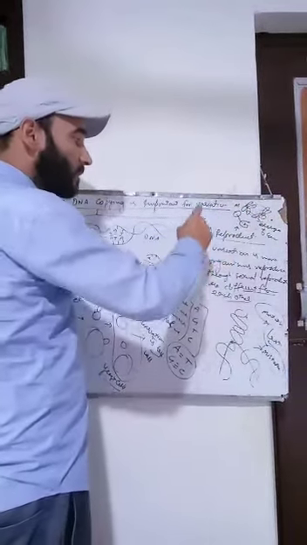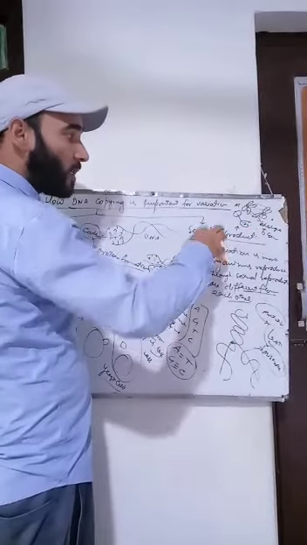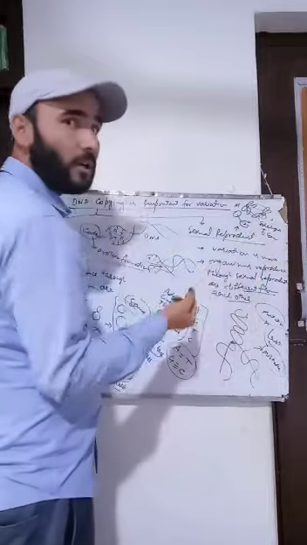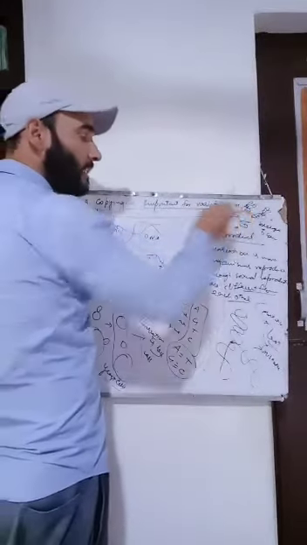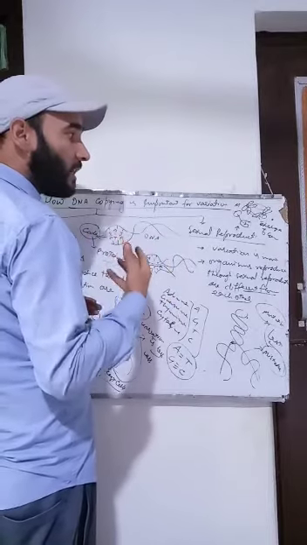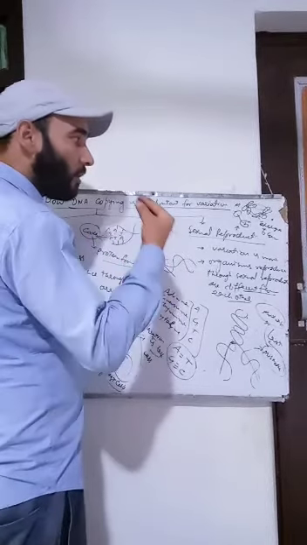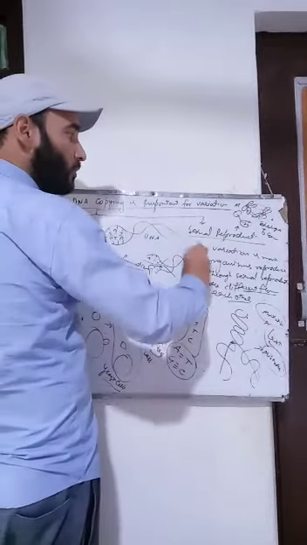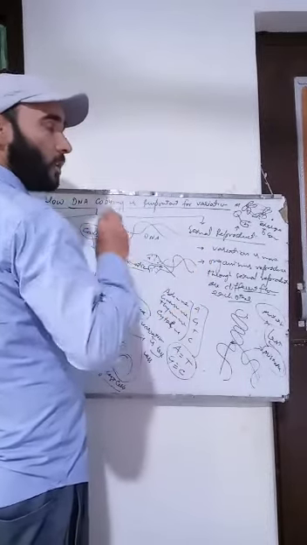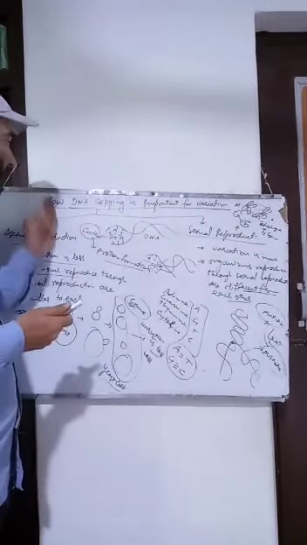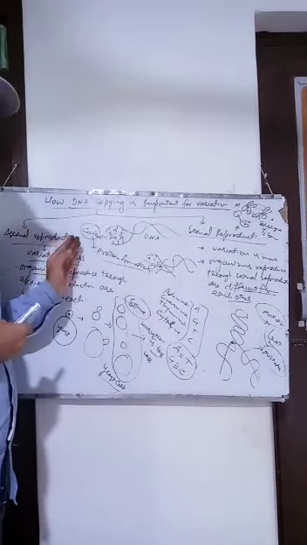So in case of sexual reproduction, what is the base of variation? You can mention crossing over of chromosomes in the sex cells. This crossing over is the base of a lot of variation in the offspring. Organisms which reproduce sexually have very large variation compared to asexually reproducing organisms.